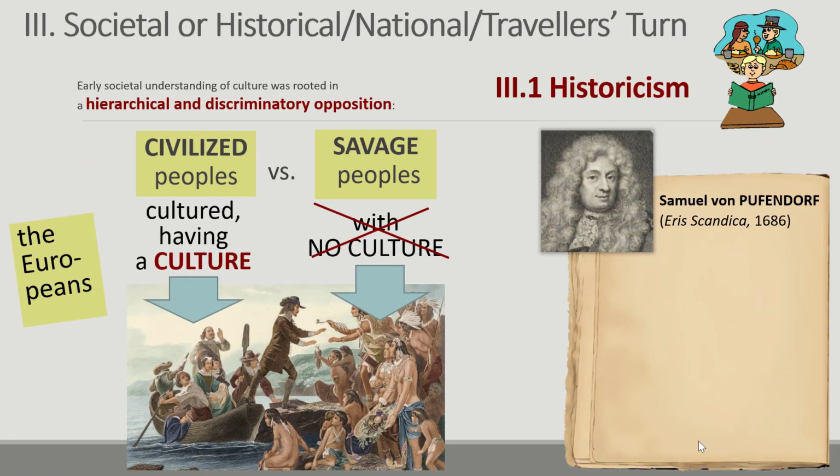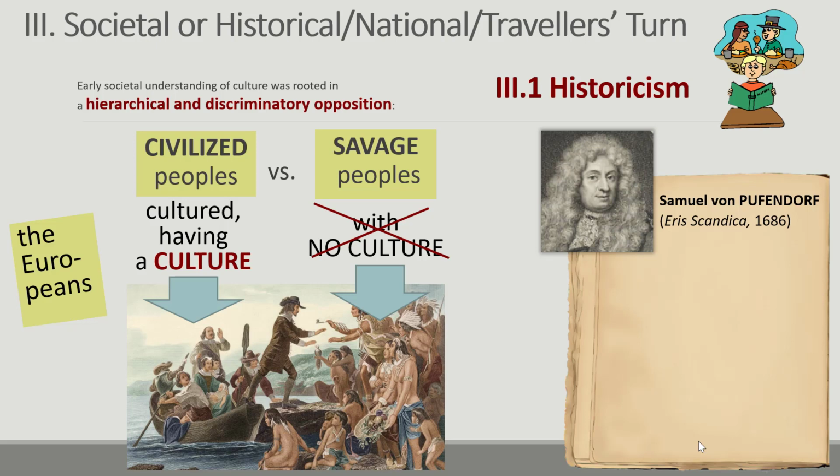For example, we can see how culture is defined in this hierarchical way by German jurist, political philosopher, economist, and historian Samuel von Pufendorf, who taught at the University of Heidelberg in the 1660s.